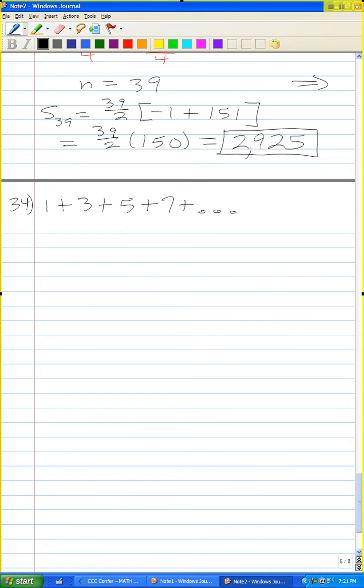And so, hopefully some of you have noticed this characterization. So I know that S of n is equal to n over 2 times 2a1 plus n minus 1 d.